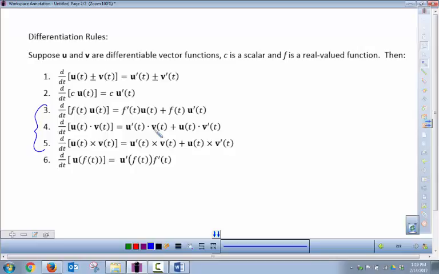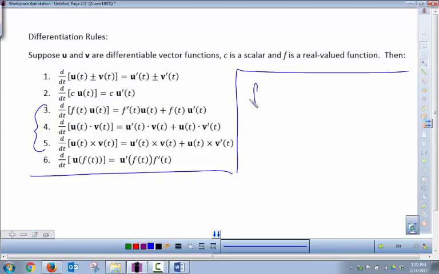So let's take a look at an example of number 3, because I think that one specifically is interesting, and this is a good time for us to figure out the difference between a scalar function and a vector function. So let f of t be a scalar function, and let's make up a scalar function. I think t squared is a good function, and u of t is a vector function.